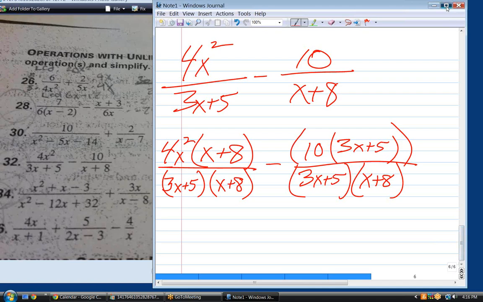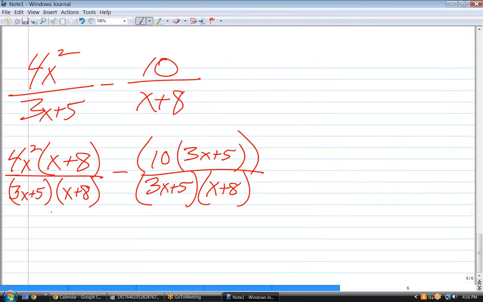Okay, let's multiply that out. It's the upper left numerator. 4x cubed plus 32x squared. And the rest of it? Minus 10 or 30x minus 50.